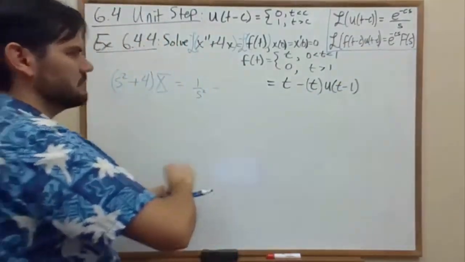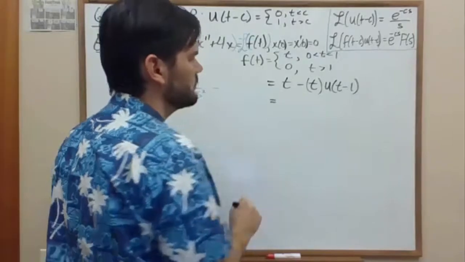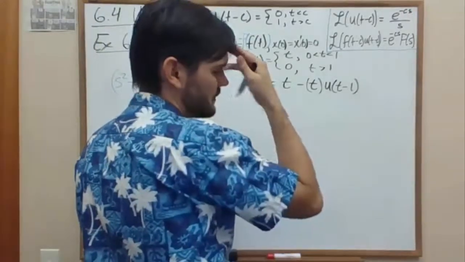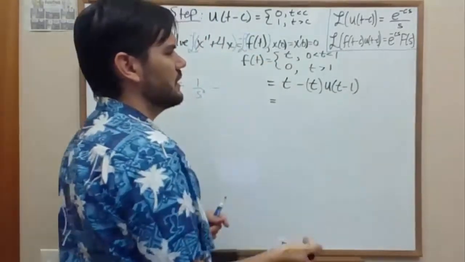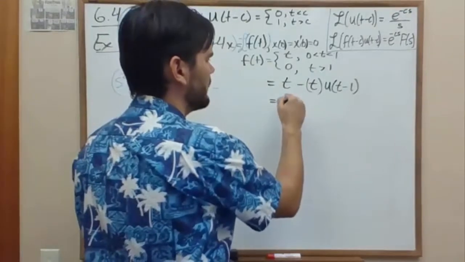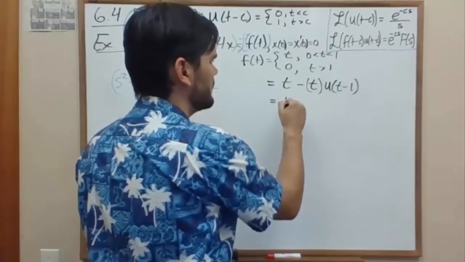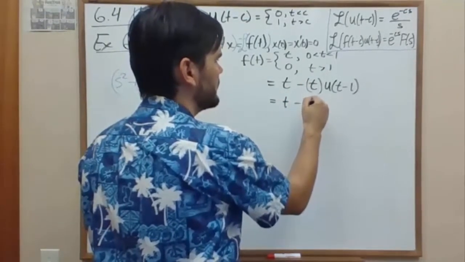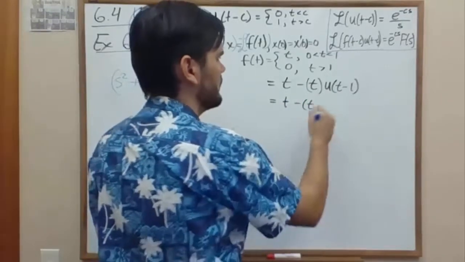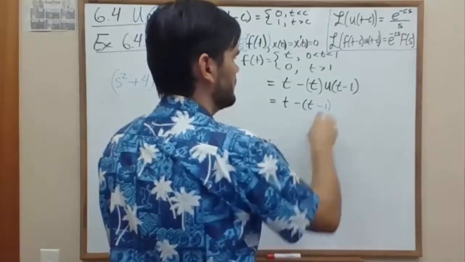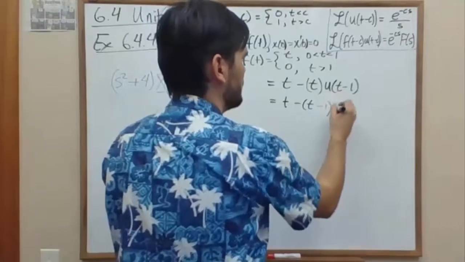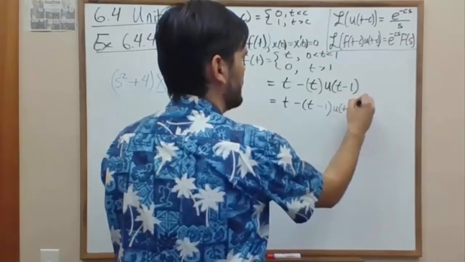Well, to make this shift work out correctly, we want to think of this as t minus 1, times u of t minus 1.